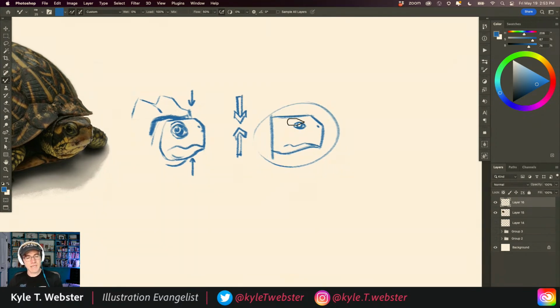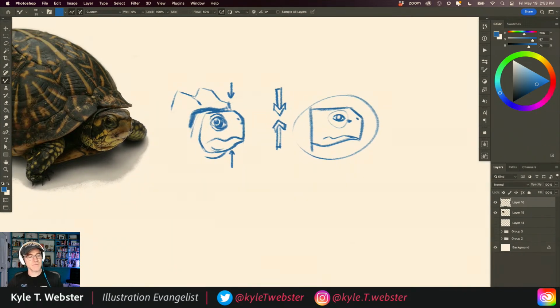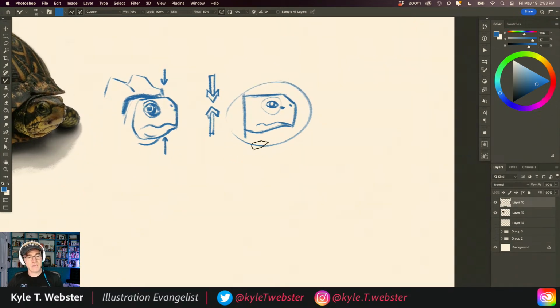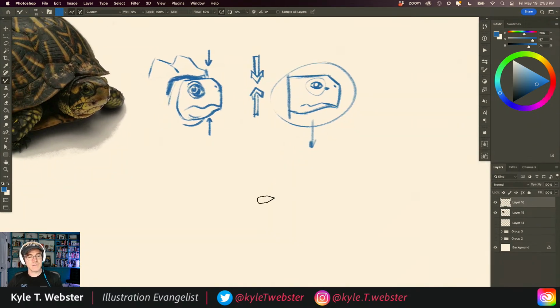Another thing I can do is take the location of things and move them even closer to the front. So these eyes are set pretty far forward. I could take this and evolve it into something like this. I can go even more stretchy, and I can take this curve here and curve it even more.